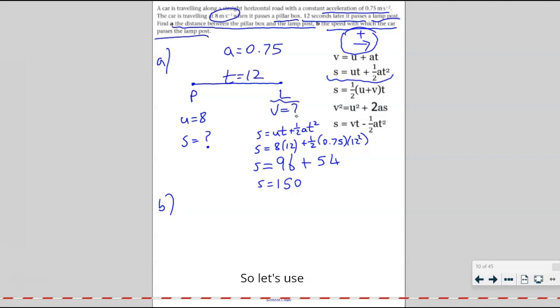So let's use, the first one is the easiest. v equals u plus at. Then you substitute your values.